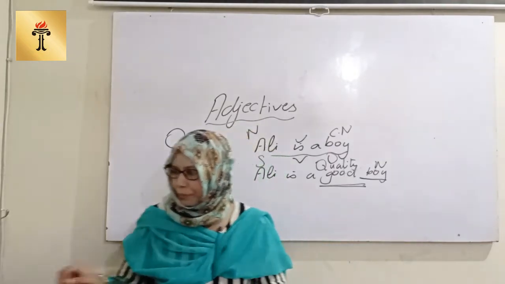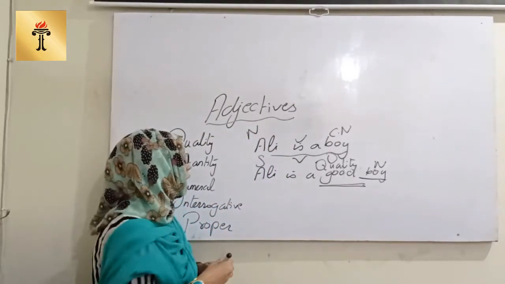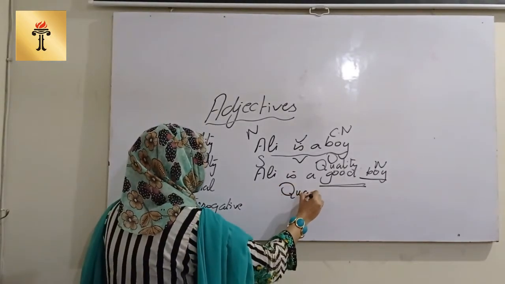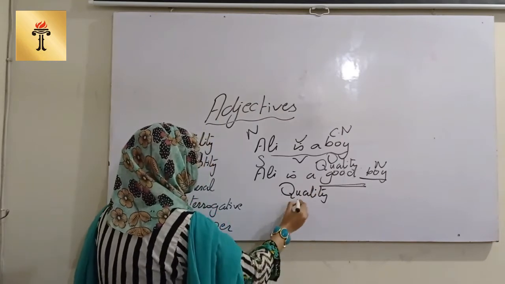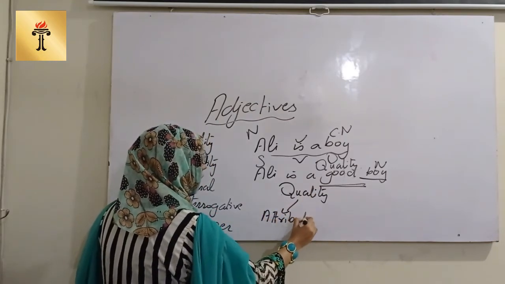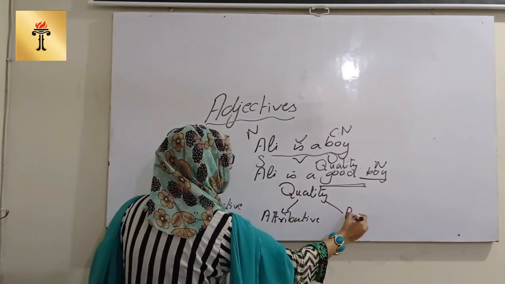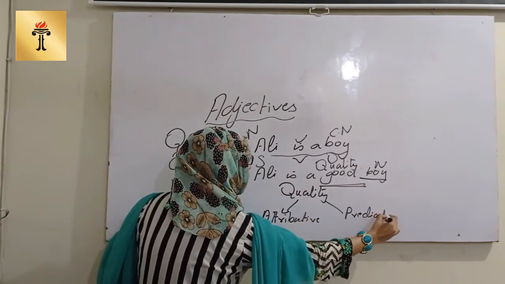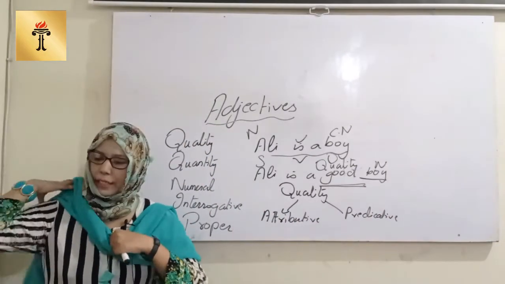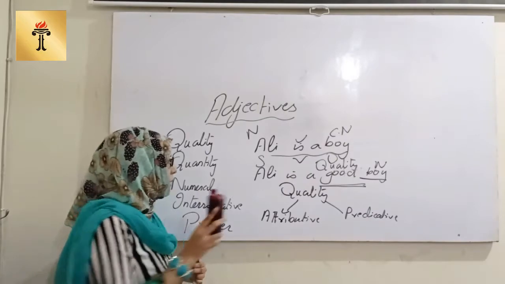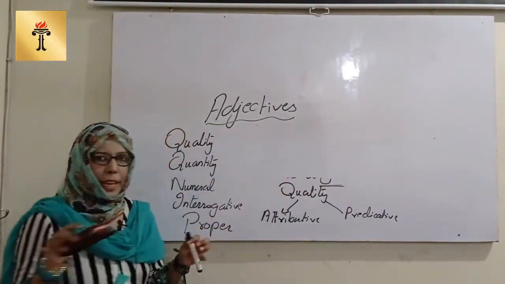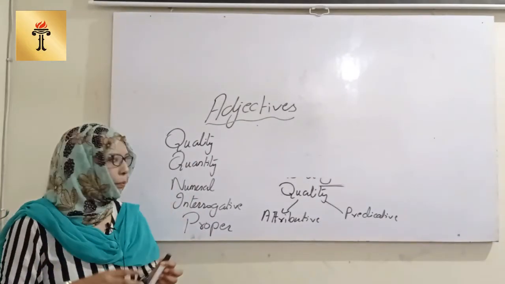Now the next question is how the adjective of quality can be further divided. The adjective of quality can be divided into attributive and predicative. You will find many different definitions of attributive and predicative adjectives in different search engines, but I will try to tell you in the easiest and simplest way.